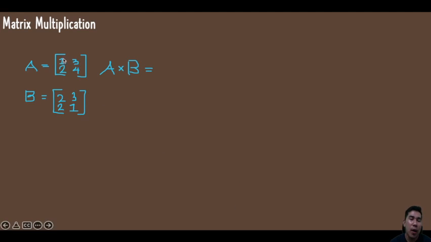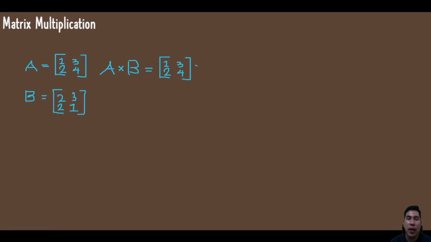As an example, we have matrices A and B with elements 1, 3, 2, 4, and 2, 3, 2, 1 respectively. We are going to multiply A times B. Take note that these are square matrices, so the number of columns is 2 and the number of rows is 2, and therefore we can multiply these two matrices.